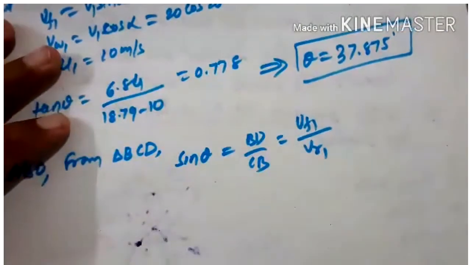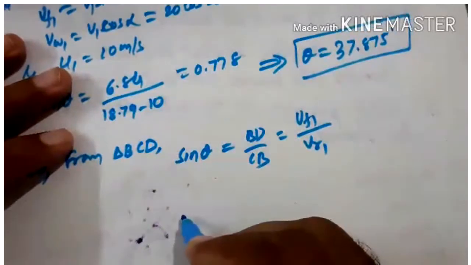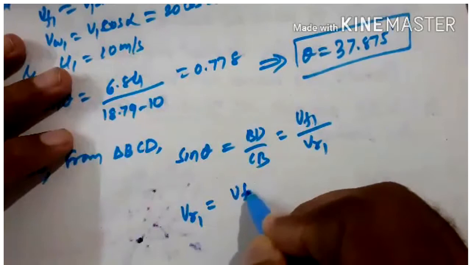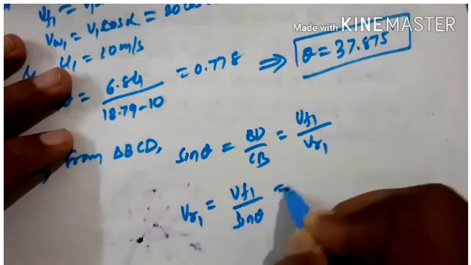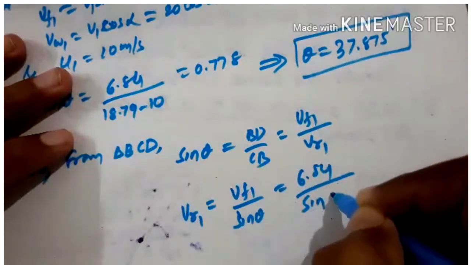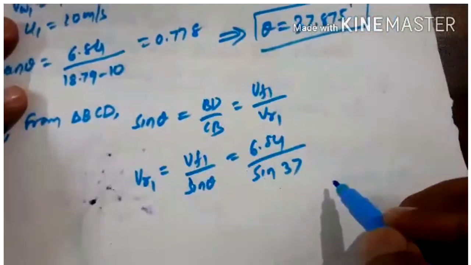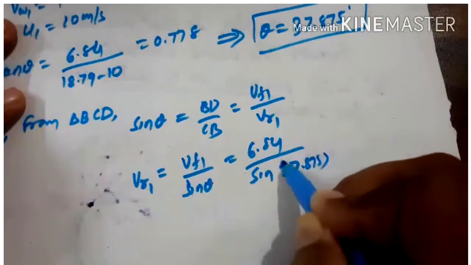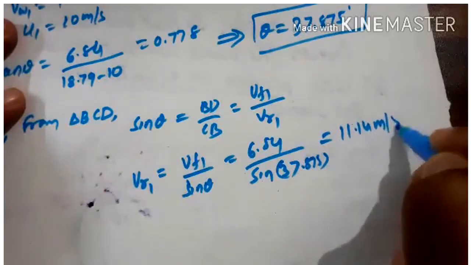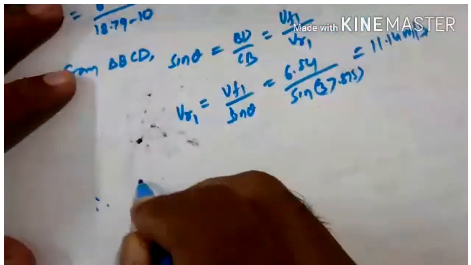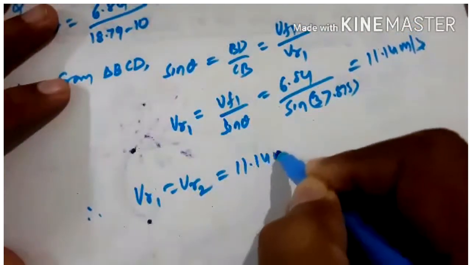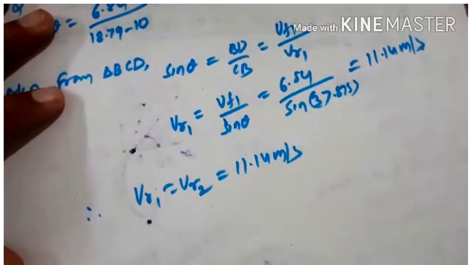So we need to calculate VR1. VR1 will be VF1 divided by sine theta. VF1 already calculated is 6.84, divided by sine of 37.875, then you will get 11.14 meter per second. Therefore, VR1 is equal to VR2 is equal to 11.14 meter per second.